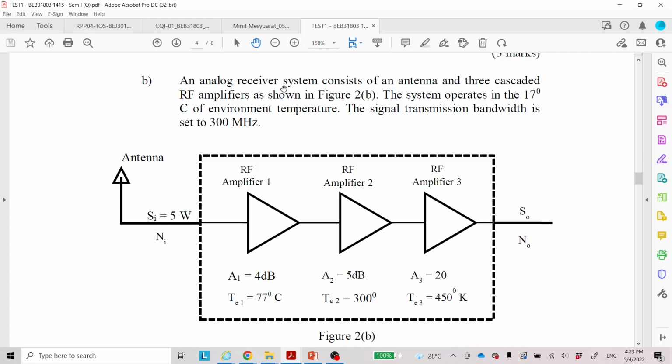Then question number 2, question B. An analog receiver system consists of an antenna and 3 cascaded RF amplifiers as shown in figure 2B. The system operates at 17 degrees Celsius, that means 290 Kelvin, and you are given the bandwidth of 300 megahertz. So the system looks like this.